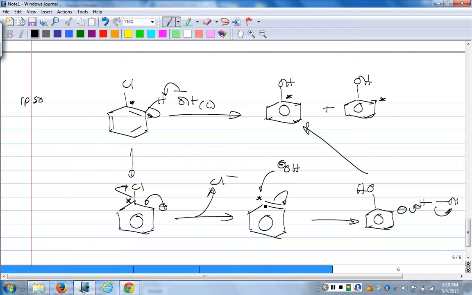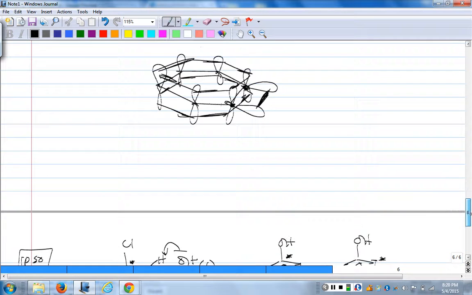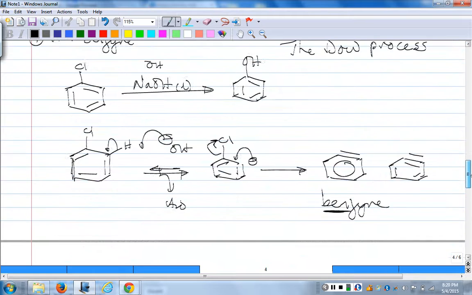So when I pick up water, what I'll end up with is the H on the carbon with the asterisk, the carbon-14, and the OH on the carbon adjacent to it. So this mechanistic study actually proved or supported the existence of a benzyne intermediate.